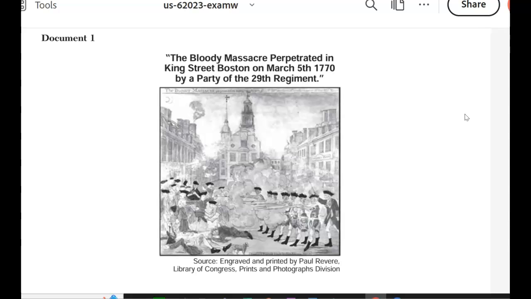Because it's meant to provoke an emotional reaction. It's propaganda, trying to get colonists angry at the British because Bostonians in particular had a beef with the British government for the taxes that were being laid on the port of Boston, the import and export that was going in and out of there. If you hit all those points, you got full credit, and it's easy to get that credit. If you don't hit all those points, then you start losing credit along the way.